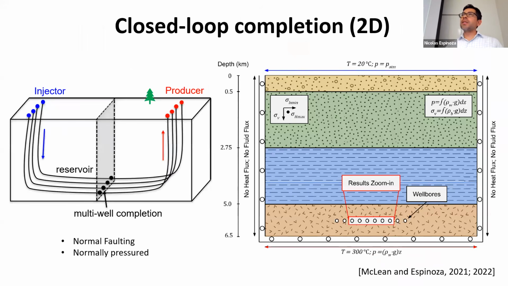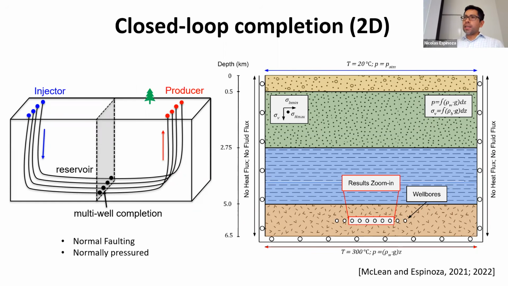Let's start with this example. A multi-well completion in which we have several injectors that are going horizontal and then going into a producer. We're going to simplify this model and make it 2D. So we're going to look at the vertical cross-section of the model and see how stresses are going to change around these wellbores as we change the temperature.